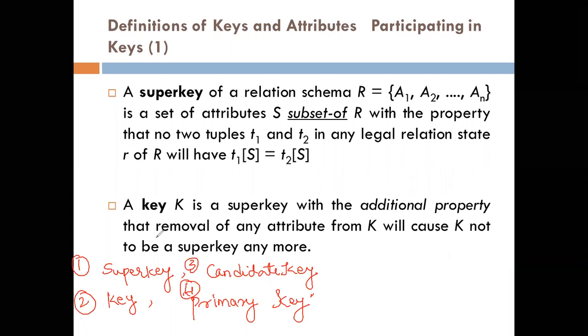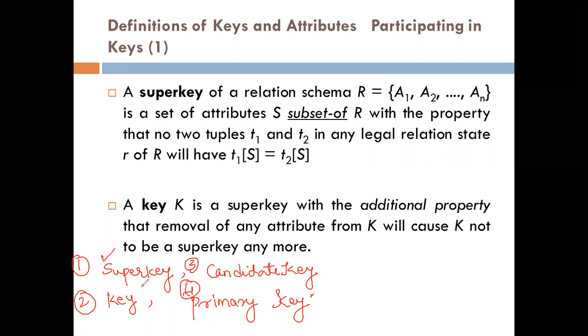First, the super key. The definition of a super key: a super key of a relation schema R is a set of attributes, a subset of R, with the property that no two tuples in any legal state will have the same value.